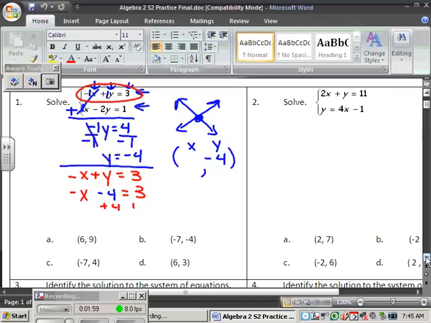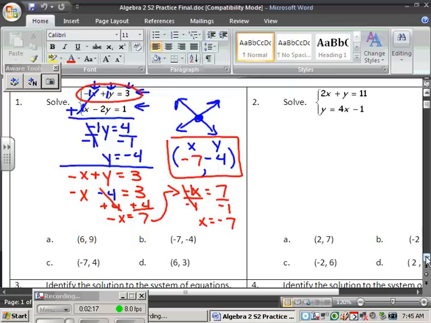So I'm going to add the 4 to the right, leaving me with negative x equals 7. Let me move this over here for more room. That would be a negative 1 in front of the x, so I'm going to divide by negative 1, and x equals negative 7. So our solution, or our point of intersection, is negative 7, negative 4, which is answer B.